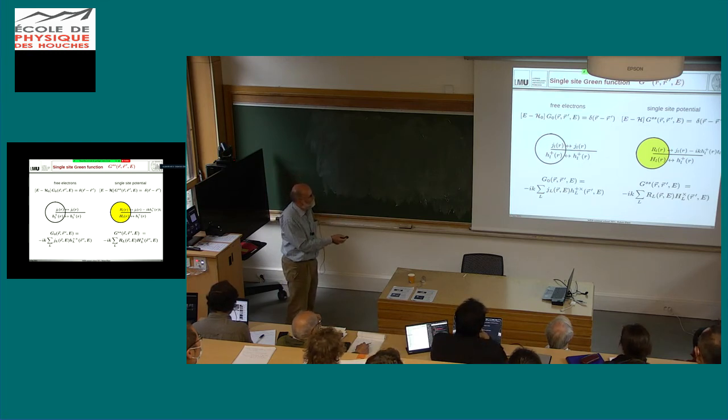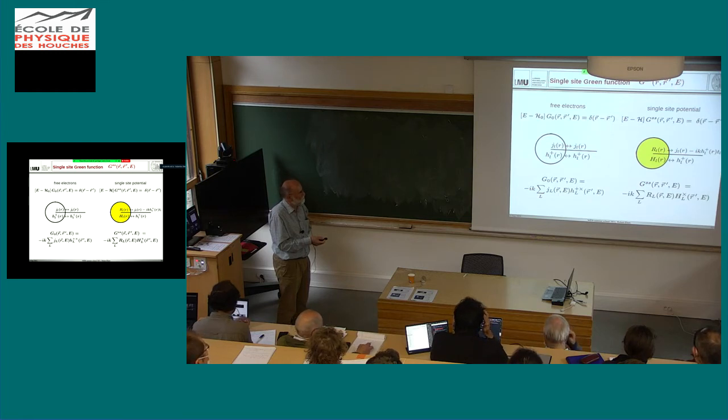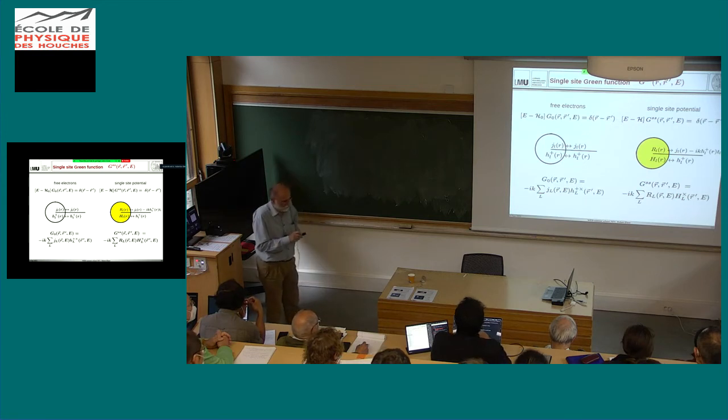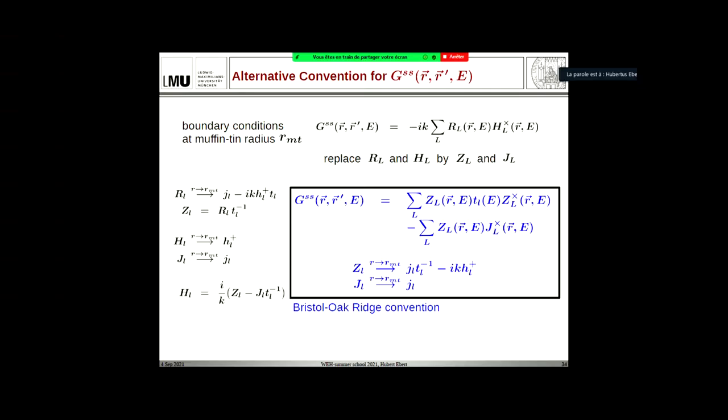But anyhow, from these boundary conditions, we can immediately deduce the corresponding single-site Green's function and give a corresponding representation of the Green's function in its angular momentum expansion. R corresponds to the regular Bessel function, and H corresponds to the irregular Hankel function of the first kind.